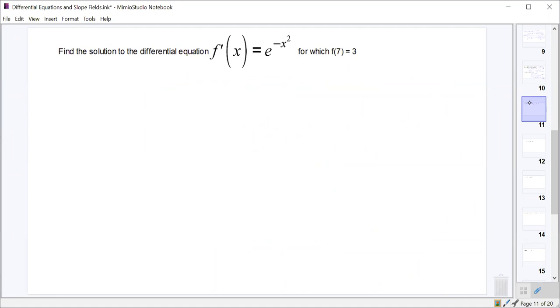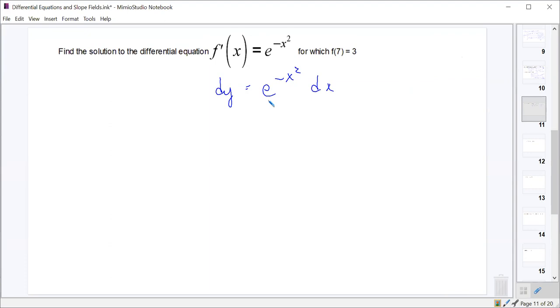How do we integrate e to the negative x squared? U substitution. That seems like a great idea, right? U equals negative x squared and du is negative 2x dx. But where's my negative 2x? Negative 2 is fine to put in, but the x is not a constant, so I can't just throw that in. That's a problem.